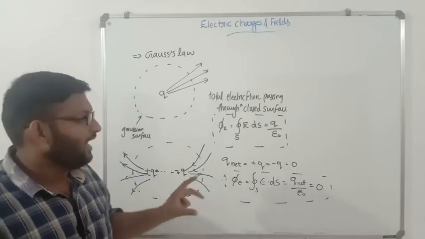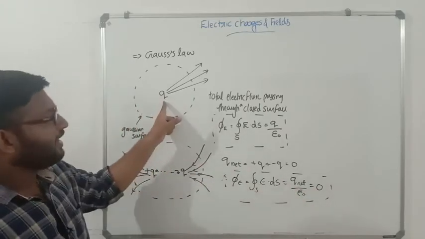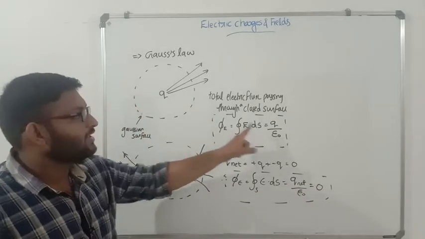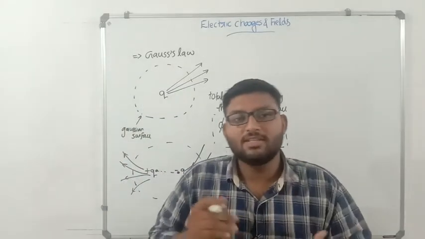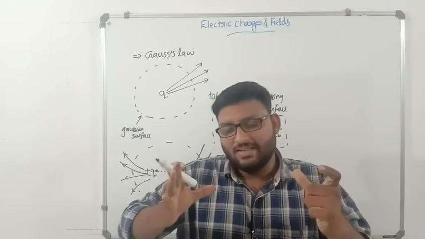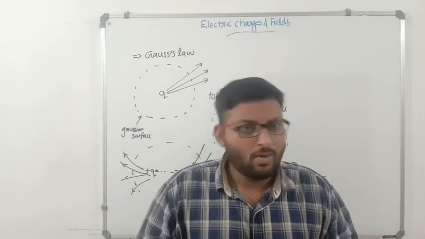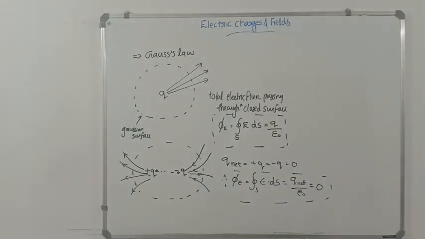For a unit charge or for any isolated charge, it is q by epsilon naught. So Gauss's law will give you how much the flux is and how that flux is linked with the charge. Okay, please note it down. That is very important again.